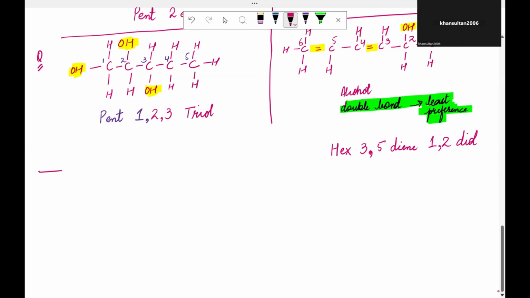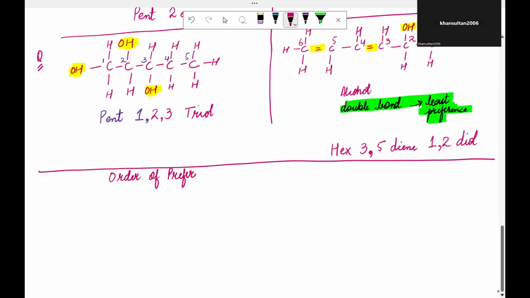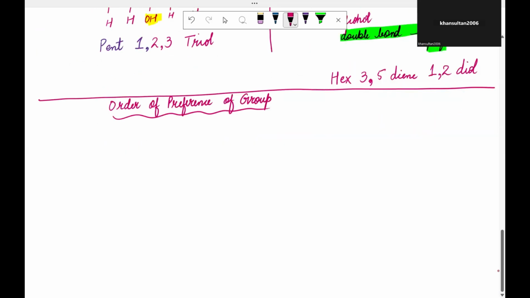Now, an important thing that I'm going to tell you about is the order of preference of groups that you must remember if there is more than one group. The first one is carboxylic acid. Carboxylic acid is given the top priority. Then we have nitrile. We need to remember these things.